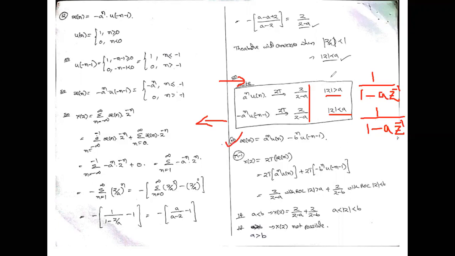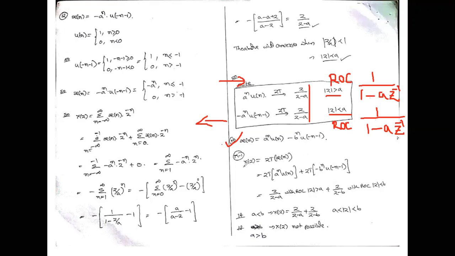The ROC for a power n mu of n is mod z greater than a, and for minus b power n mu of minus n minus 1, the ROC is mod z less than b. When combining the two, what is the ROC and what is the Z transformation?